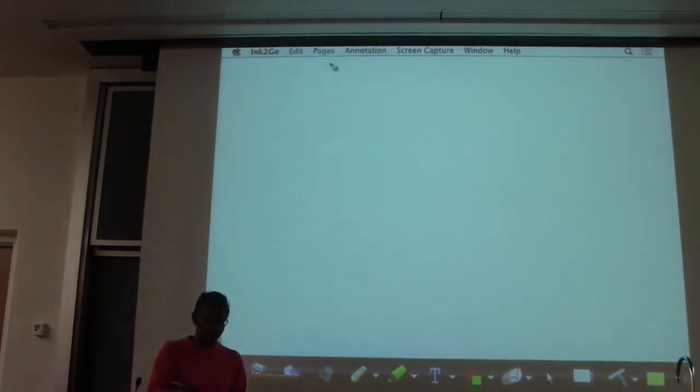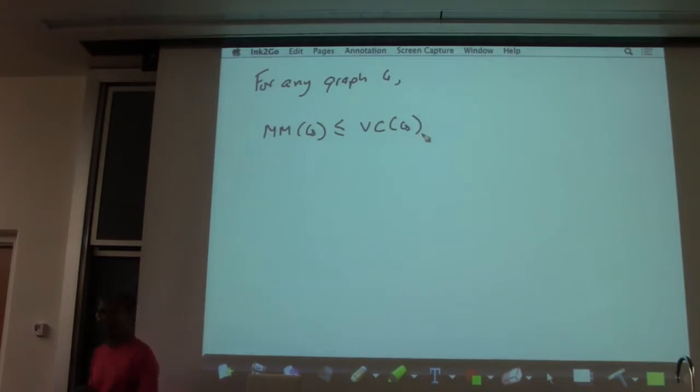In other words, the claim I'm circling around to get to is the following: the size of a maximum matching is a lower bound on the size of a vertex cover. That's what this claim is saying.